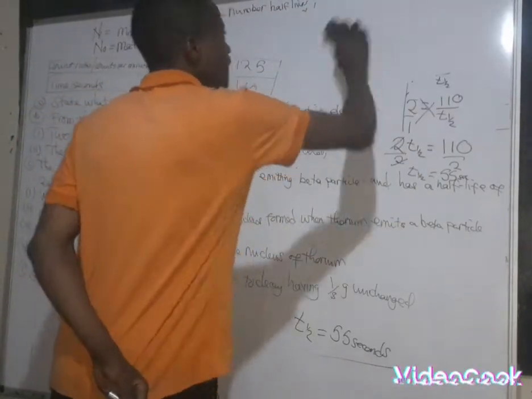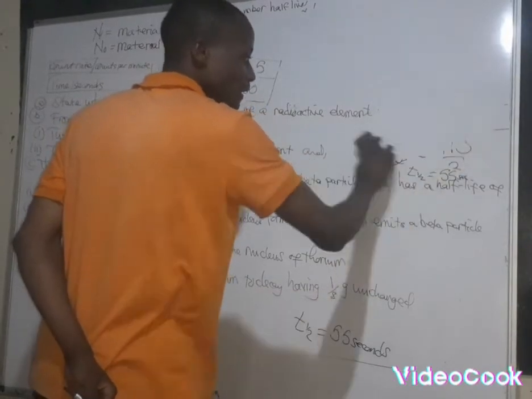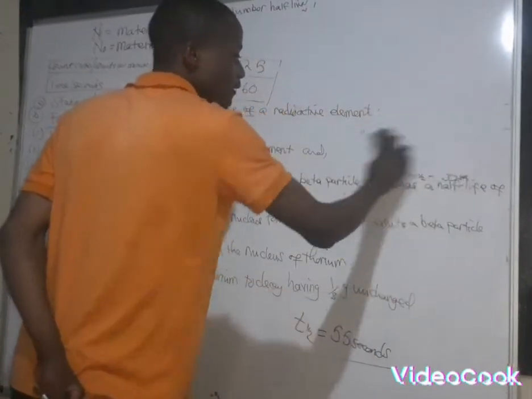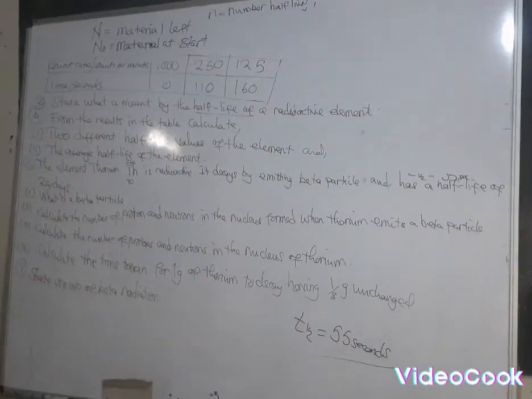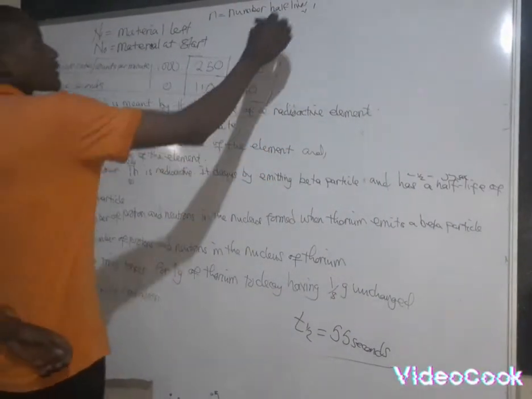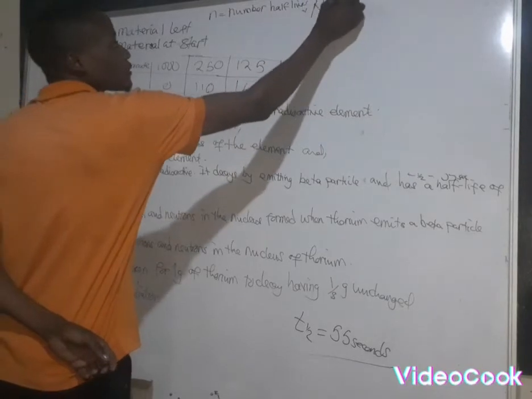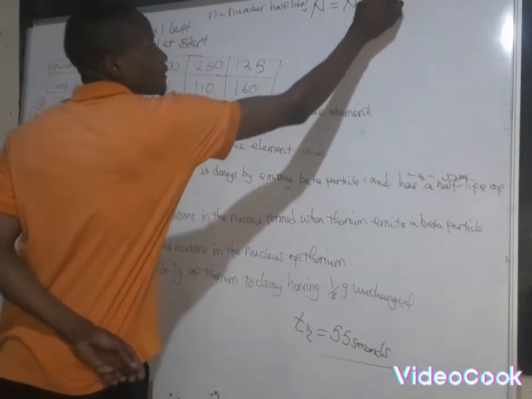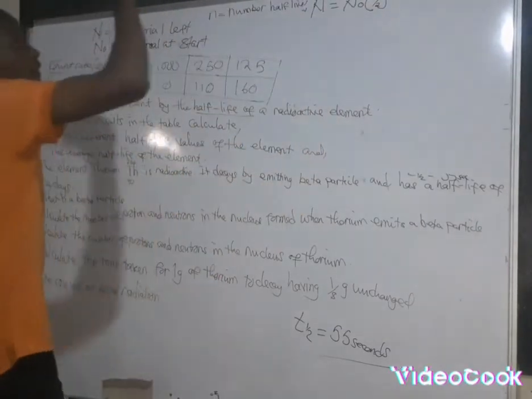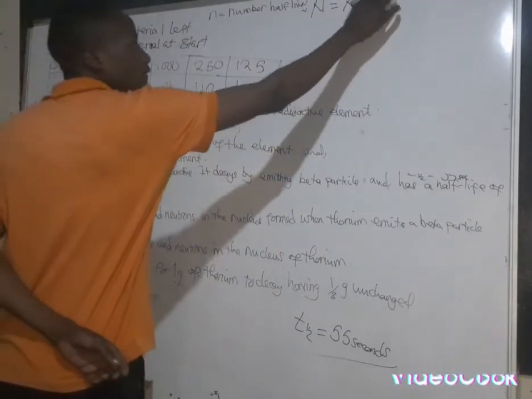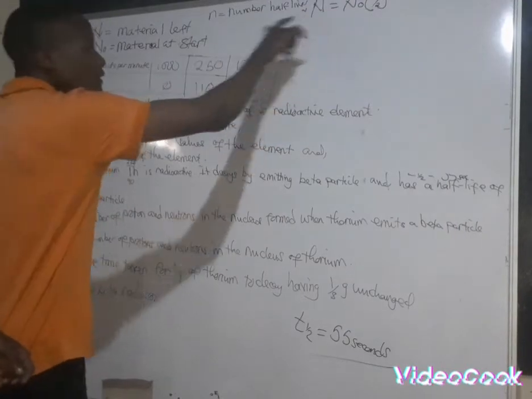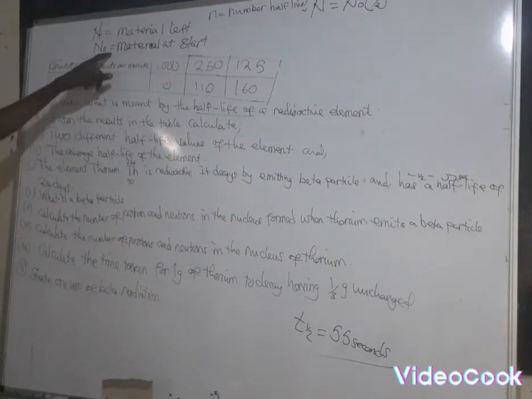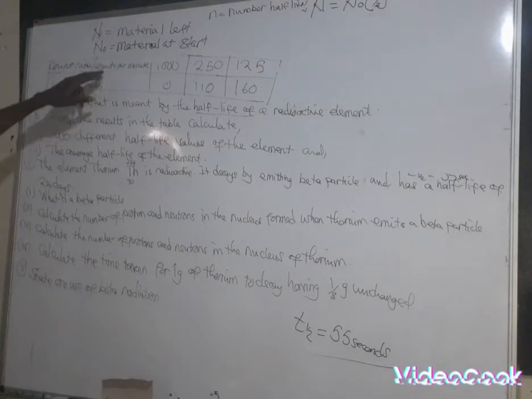For the second half-life, you first have to find the number of half-lives which has passed in the second event. So using the same equation, N is equal to N0 times 1/2 to the power n, we have to find the value of n. N is the amount of material left, and N0 is the initial amount of material at start.